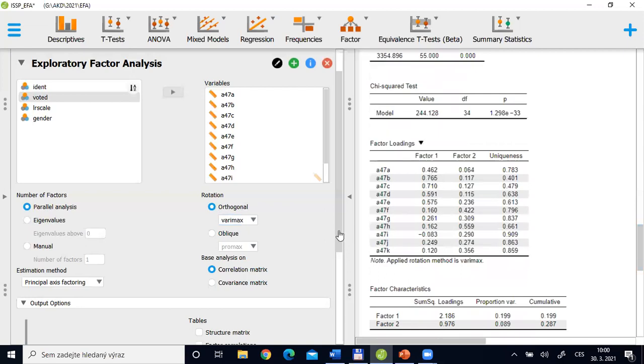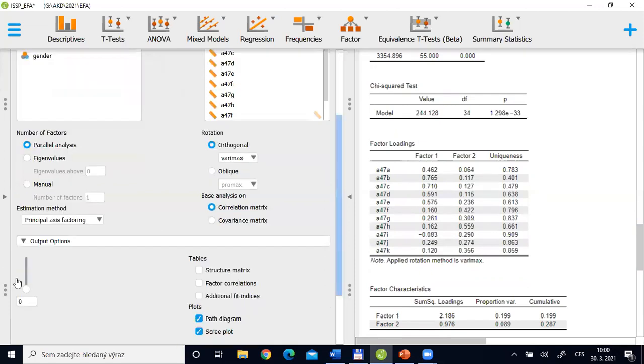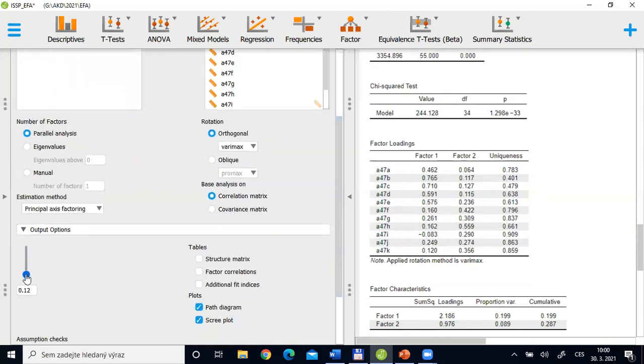I will maybe use this option for a slight change of my table. I will use a value around 0.3 for blank spaces in this table, so it will make blank spaces for values below 0.3. And we can currently read this rotated solution, which expects that the factors are not related at all. And maybe this solution will be much better.